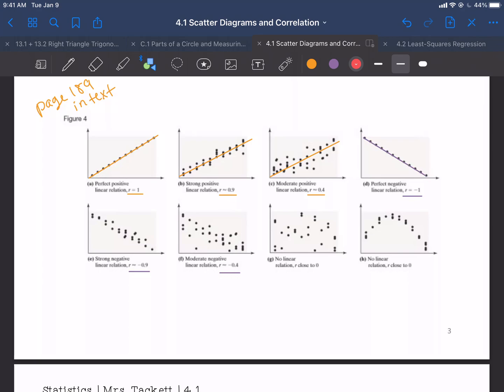There's not really a line of best fit I can draw, so R would be close to 0. And then for H, there's not a linear relationship, so R would still be close to 0, but it doesn't mean there's no relationship at all. So it looks like there's a quadratic relationship between those two variables, whatever they are, but we would just state that there's no linear relationship.